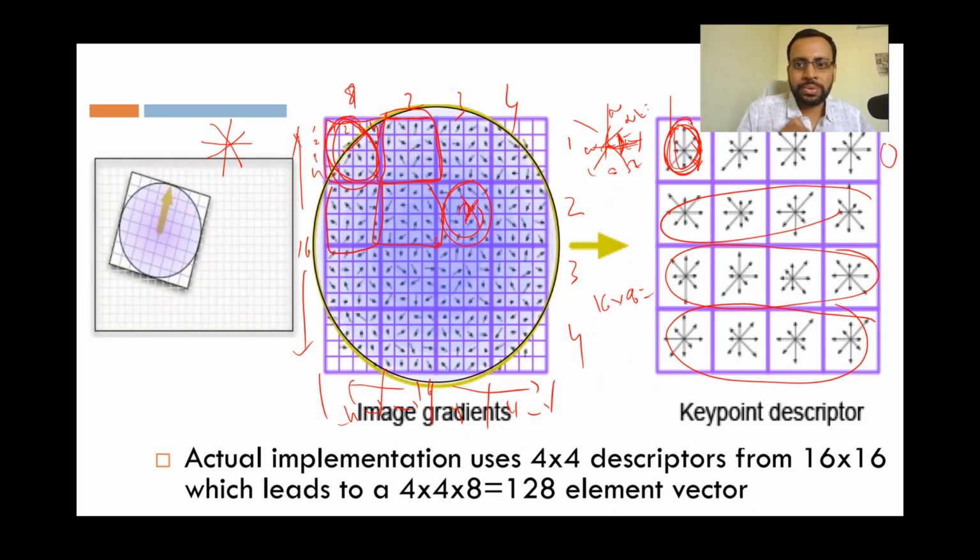So for each block we are finding the localized gradient for every pixel, then we put it in a histogram format that will classify into 8 different directions, whichever direction it is. That's right. So that's why you have 4 by 4 into 8. That's 128, a vector of length 128 you have.